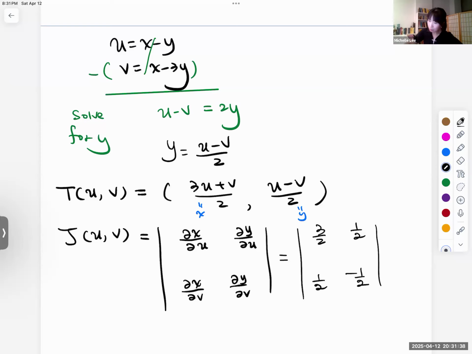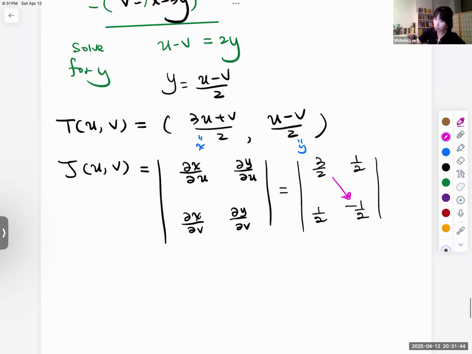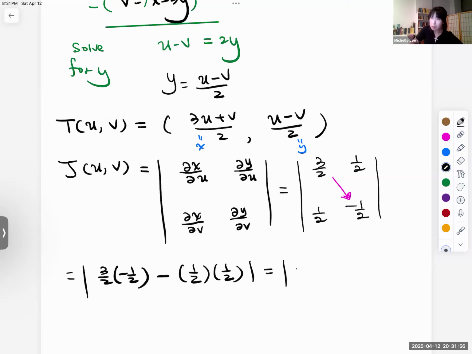Okay, now we multiply the 2 by 2 determinant, so that will be 3 over 2 times negative 1/2 minus 1/2 times 1/2. Okay, so we get negative 3/4 minus 1/4 equal to negative 1, which is the Jacobian.